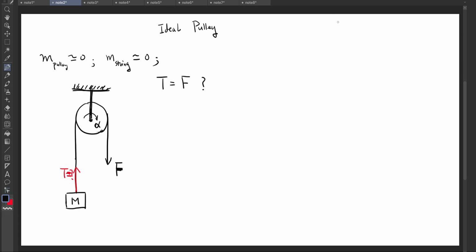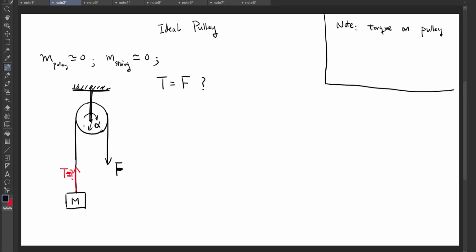And here is a side note. You don't need to fully understand this because in the future we're going to repeat this again, talk about rotational dynamics. Okay, so there's a torque on the pulley.